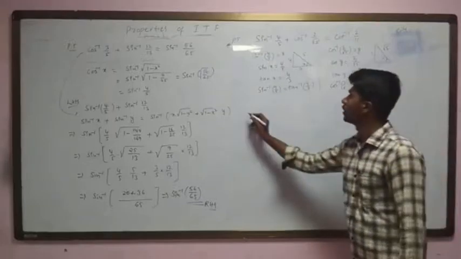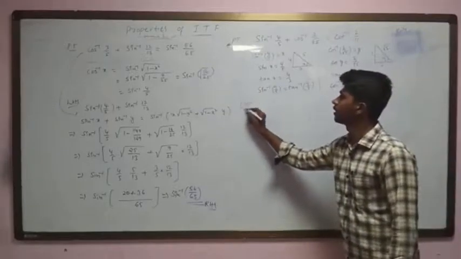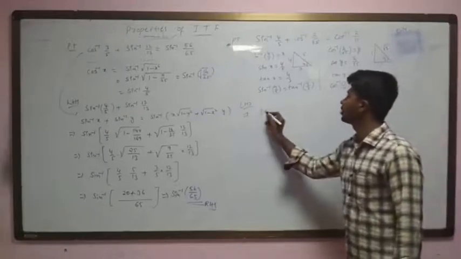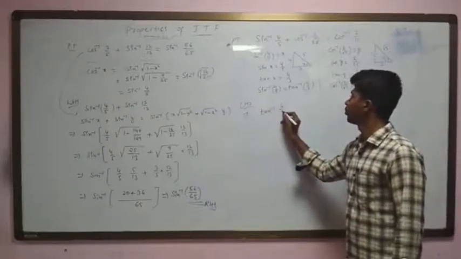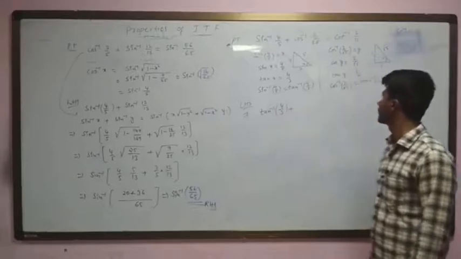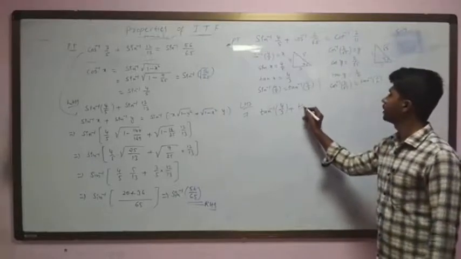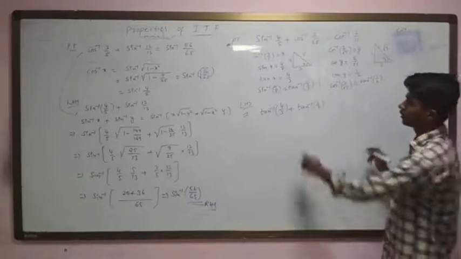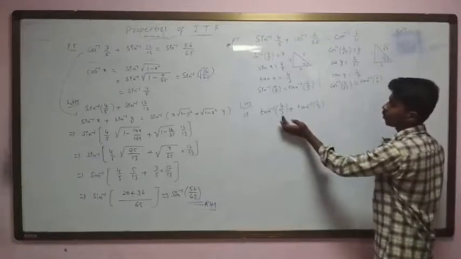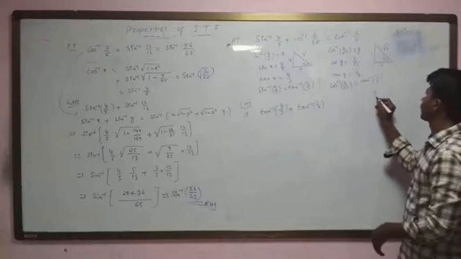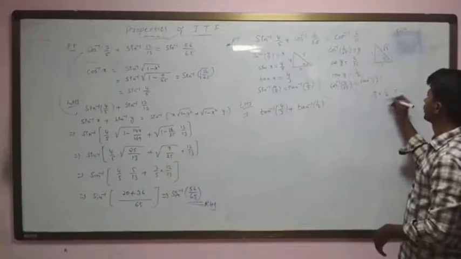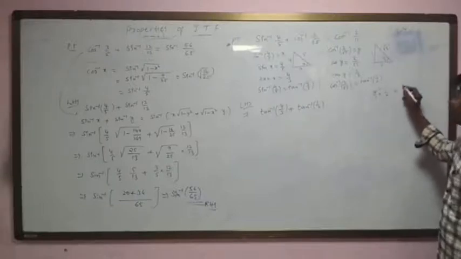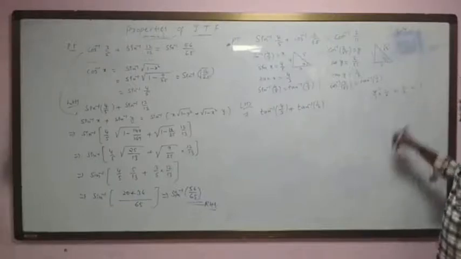So if I substitute, LHS becomes tan inverse of 4 by 3 plus tan inverse of 1 by 2. Now x into y, 4 by 3 into 1 by 2, 2 ones are 2, 2 3s are 6, I am getting 2 by 3, which is less than 1.